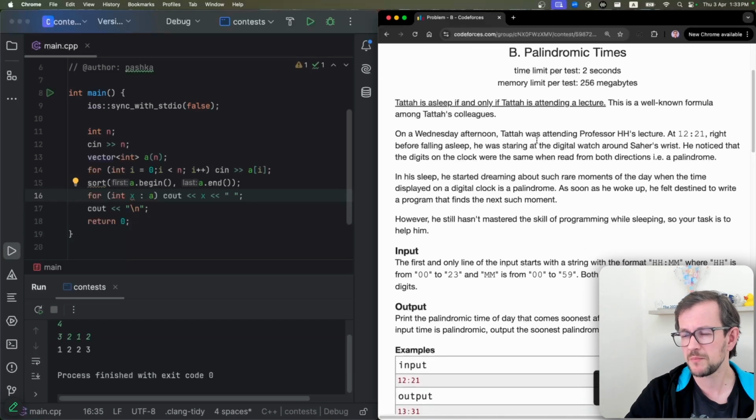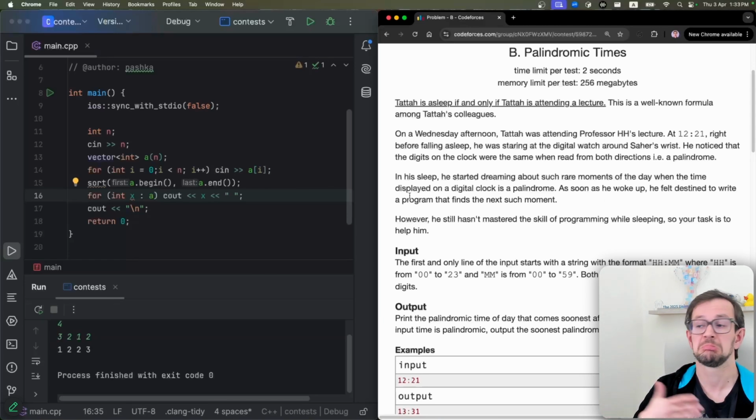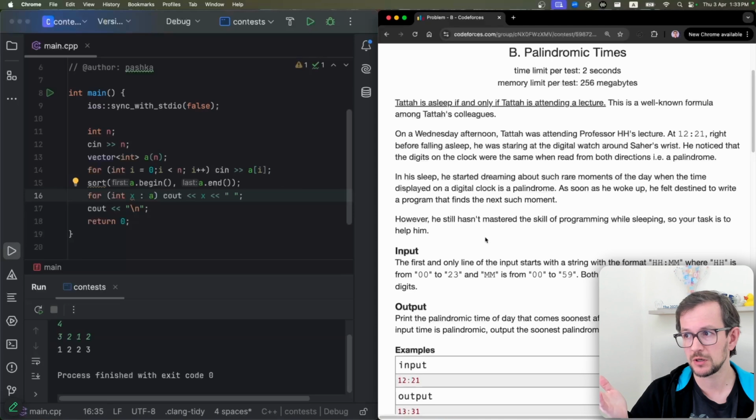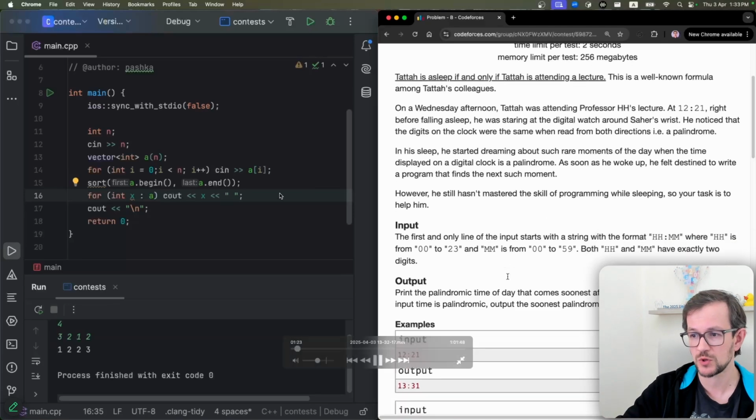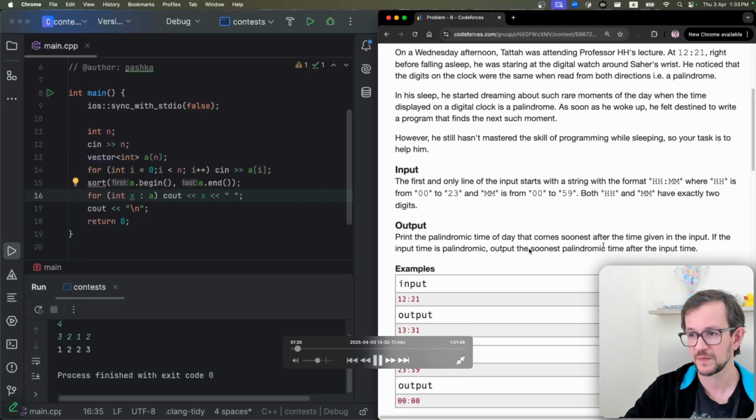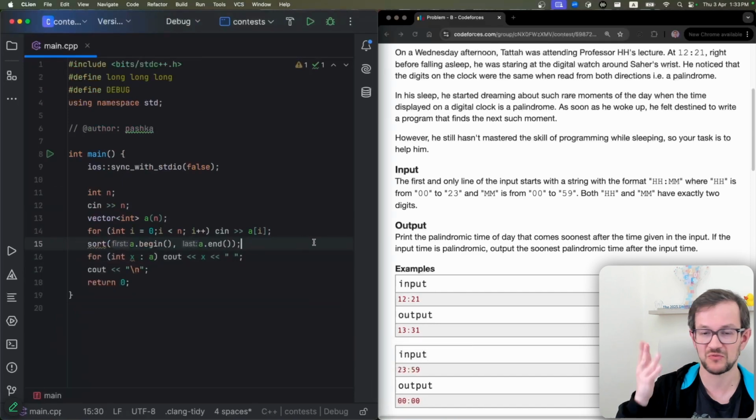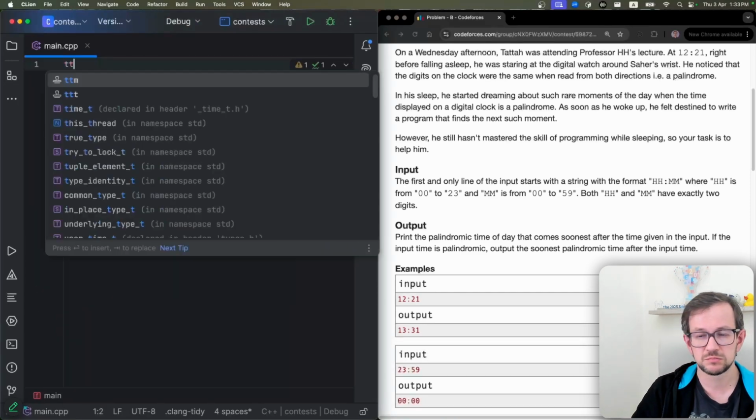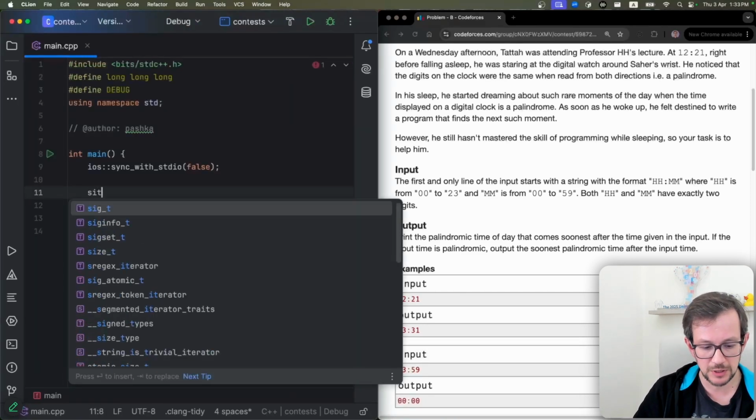Problem B is a nice technical problem. You need to find the closest time which is a palindrome. I like problems about time, but when you have 4-digit clocks and you need to find something, it's a pure technical problem.